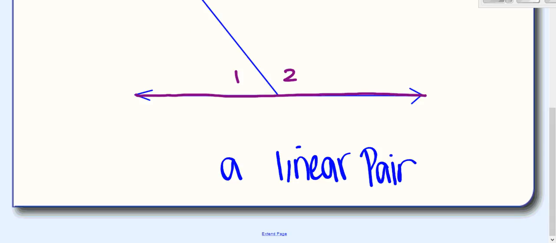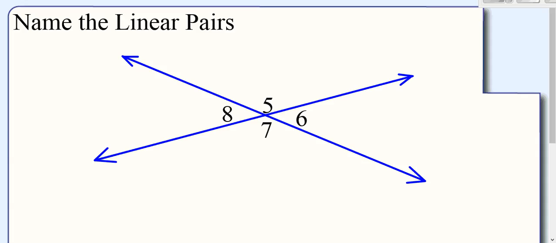Now, the next thing we're going to say ties into the fact that you know a straight line is 180 degrees. So that means a linear pair will always add to 180 degrees. So first, let's name which angles make a linear pair.